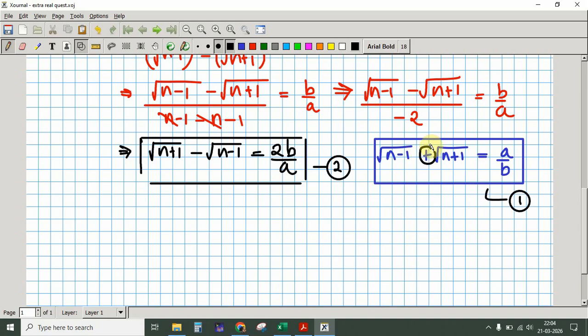And because there is plus in between, I can interchange the square roots. I want this in the first place, and this is going to be in second place. So here I have plus and this is minus. This is equation 1. Now I have to add it.